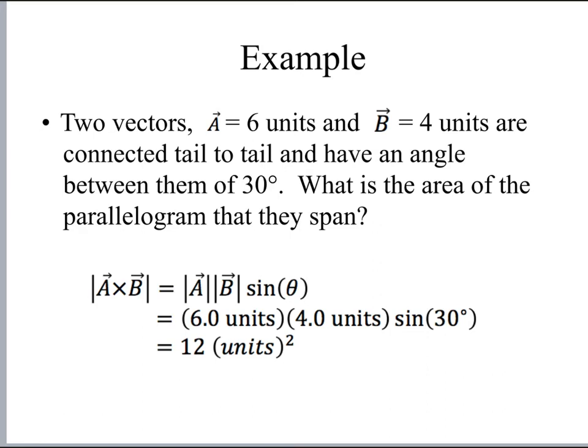It's simply A magnitude times B magnitude times the sine of the angle between them. If you plug in the units and the numbers, you get 12 units squared. So that's 6 units times 4 units times the sine of 30. 6 times 4 gives you 24. Sine of 30 is a half, so that ends up with 12. I've got units times units, so that gives me units squared as my dimensions.